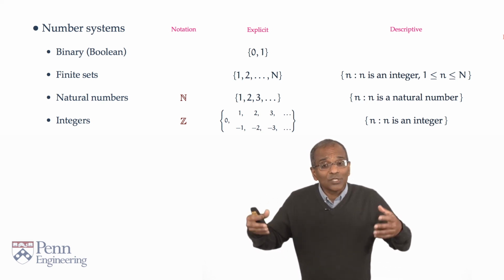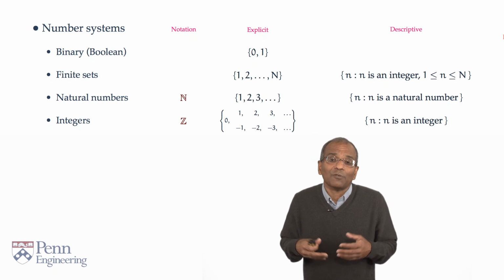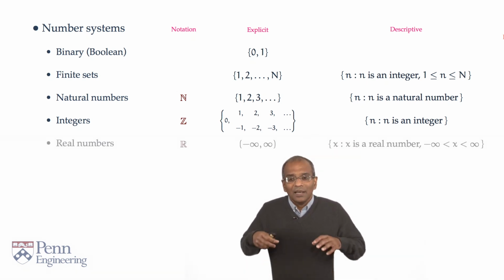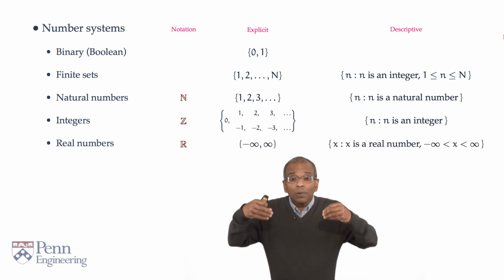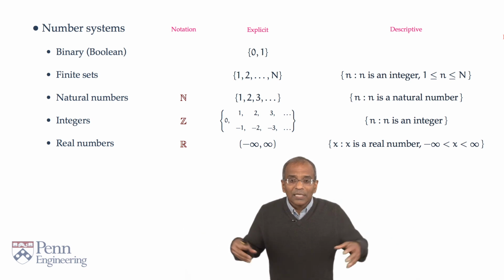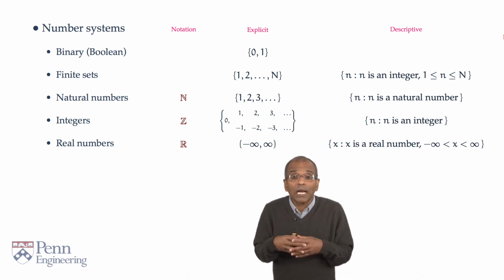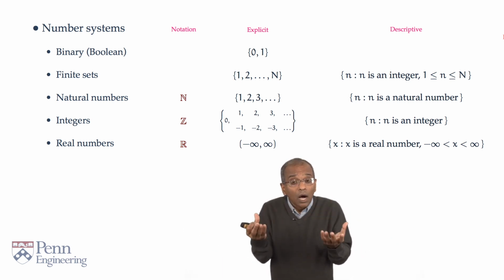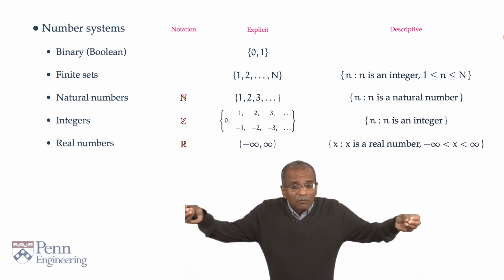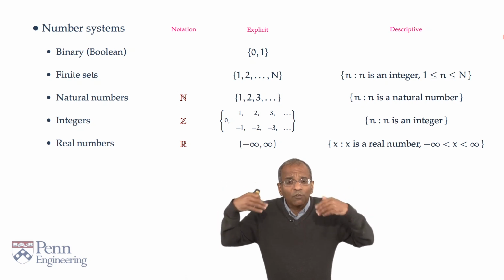Still more complex orders of infinity are available, and of course the most common one for us is the real line. The real line now moves from counting objects onto a continuum of objects. The notation or the language for it is blackboard bold R. We denote it by a line, and we implicitly think of a real line of length.